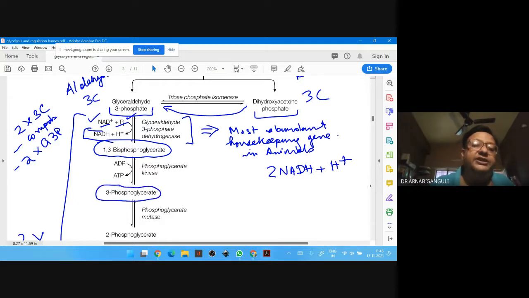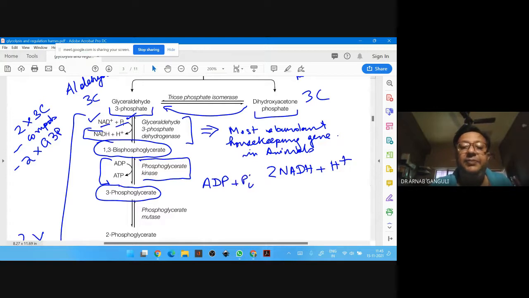But the important step is this: phosphoglycerate kinase. This enzyme takes the phosphate at the one carbon, and with ADP plus Pi, it forms one more ATP.